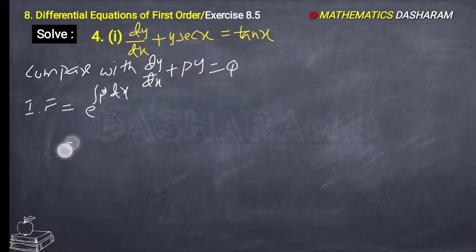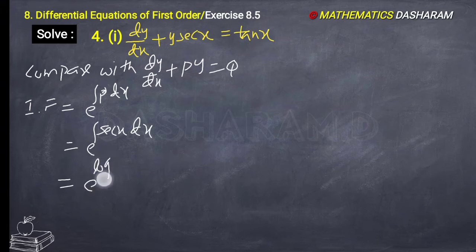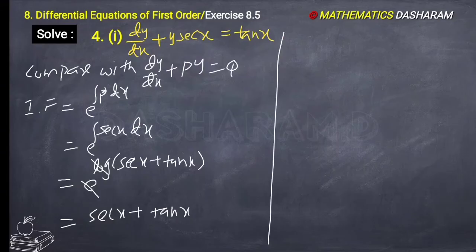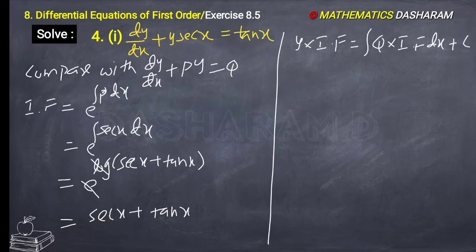So e to the power of integration, here the p value is sec x, dx. The integration of sec x is log sec x plus tan x, so e to the power of log sec x plus tan x. Then both cancel, so sec x plus tan x. Next is the solution: y into the integrating factor equals integration of q into the integrating factor dx plus c.